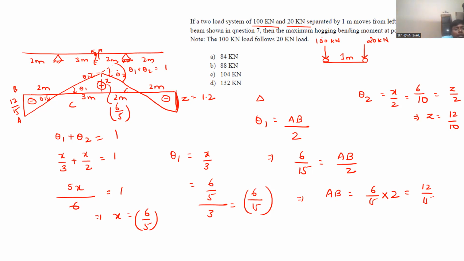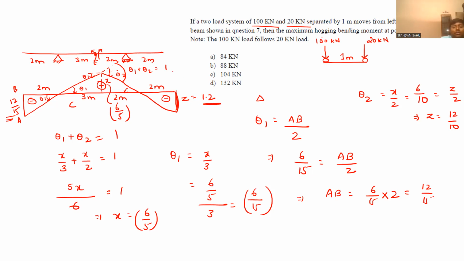See, this is also 2 meter negative, means zone width is 2 meter. This side is also 2 meter width. But here the z value is greater than 1, to be precise 1.2. Here it is less than 1.